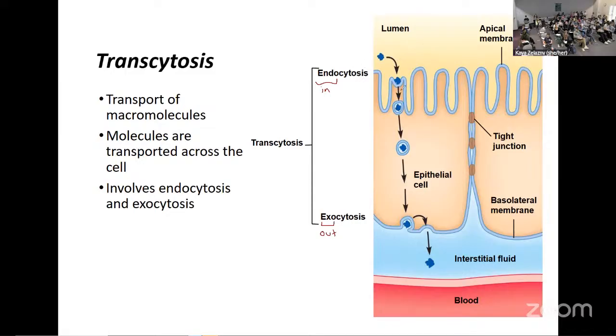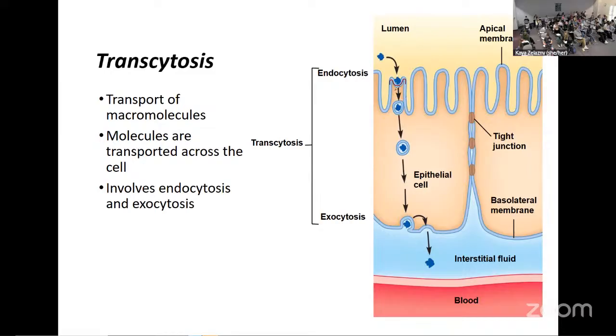Here we see on the endocytosis end, we've got our large particle. It comes up to the membrane. It's too big to fit through a protein in the membrane, so we don't have a carrier, we don't have a transporter. What happens instead is that we see the membrane folding in and around it. You see this whole section of the membrane forming this little pocket.